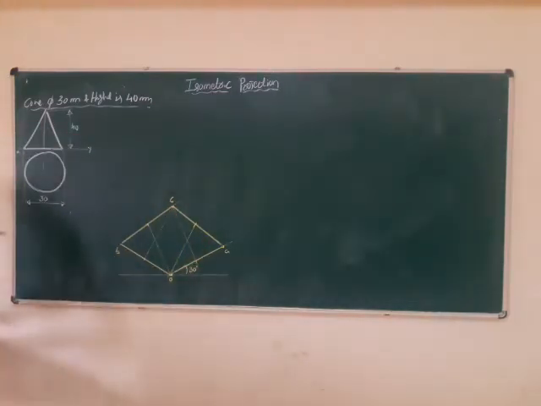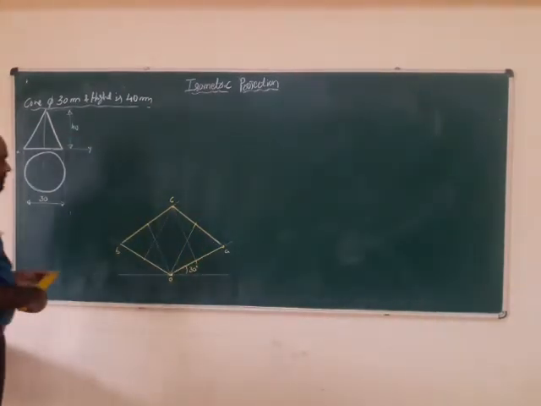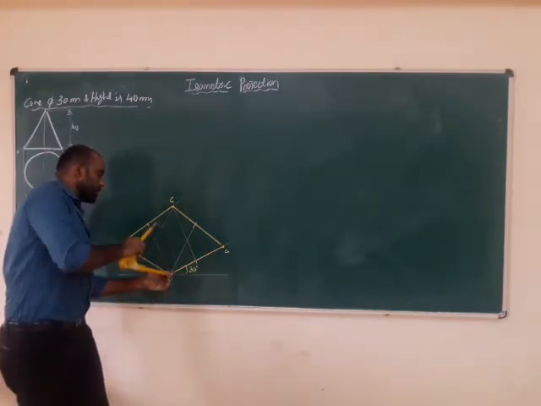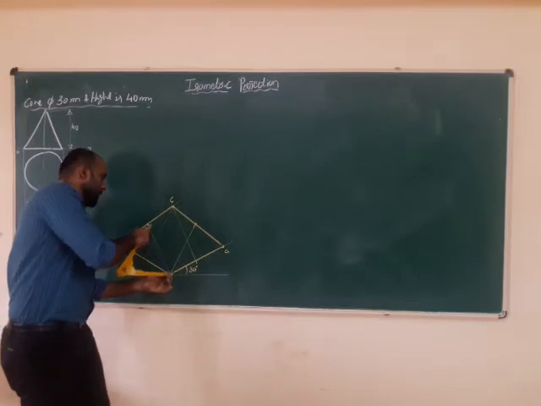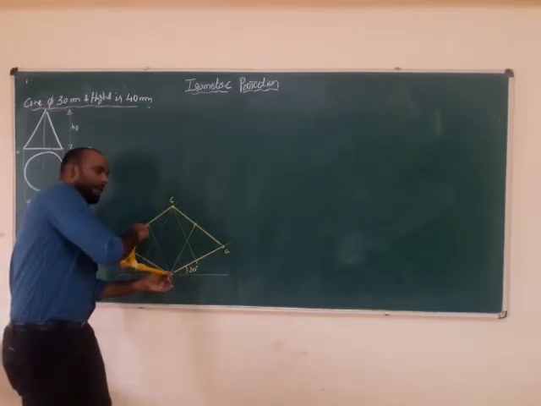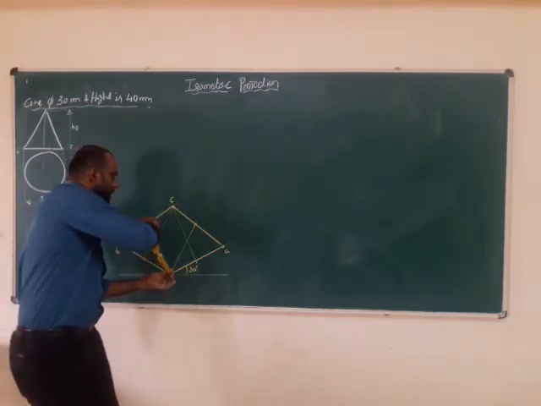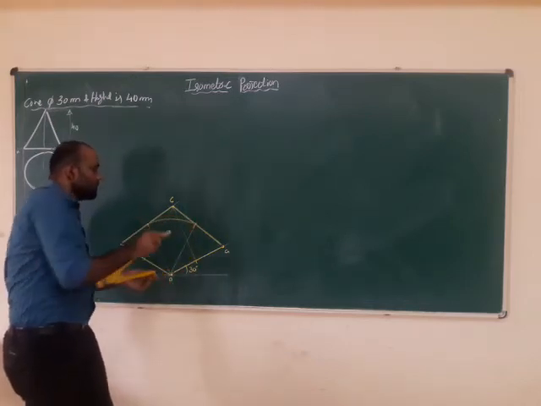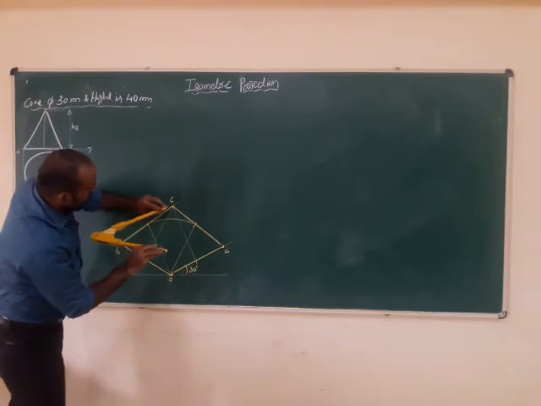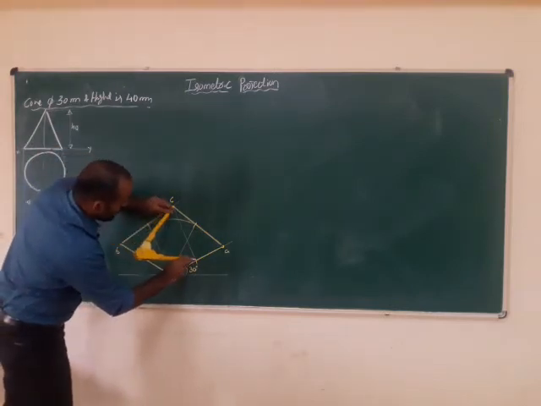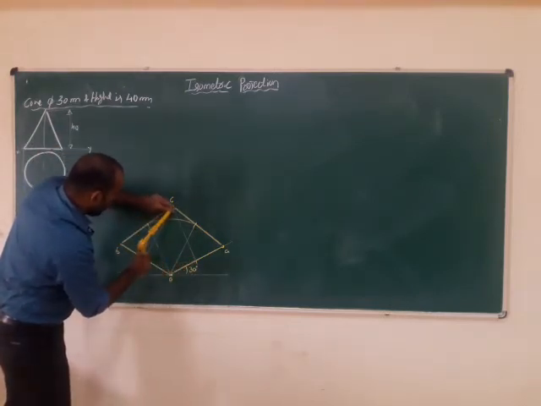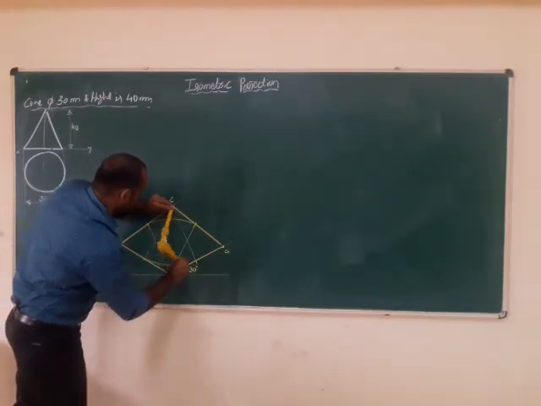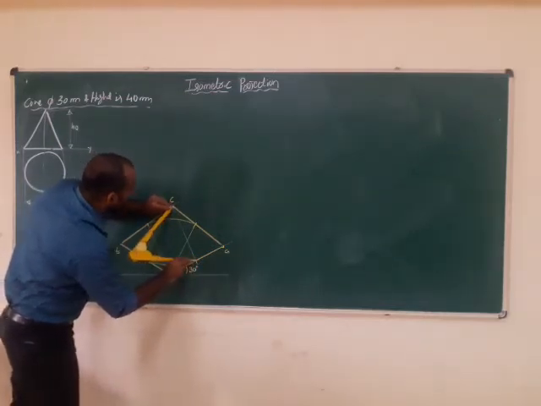Next, take a compass. From the O corner, this is the center. This point is called the end. So you have to draw an arc. Similarly, C is the center, and this point is called the end. Draw.